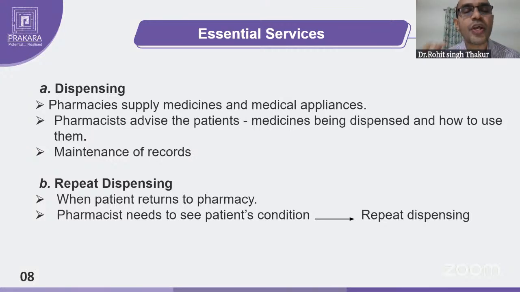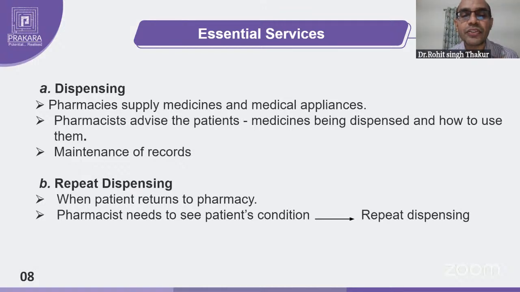How to use, when to use, is it once daily, twice daily, thrice daily, should it be taken before food, should it be taken after food. So these are all the criteria you are going to follow under essential service when you dispense that particular medication, and at the same time you're going to follow the maintenance of records. When you dispense a prescription, the prescription has to be documented.